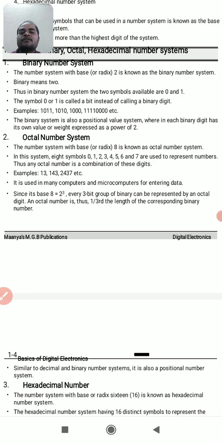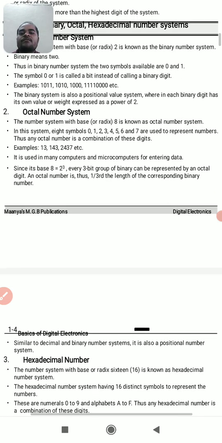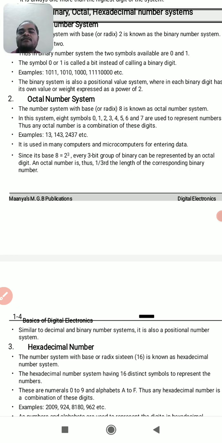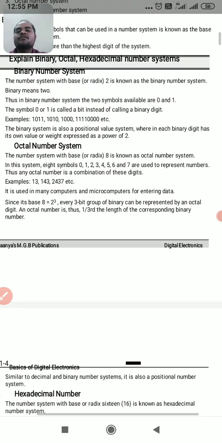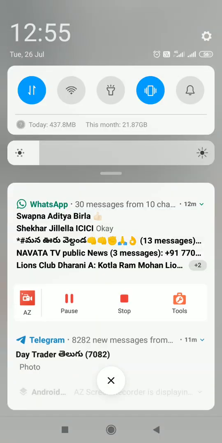Already we know that base represents the number of symbols. In this system there are 8 symbols: 0, 1, 2, 3, 4, 5, 6, 7. These are used to represent the numbers. For example, the numbers 13, 143, 2347 are all examples of the octal number system.